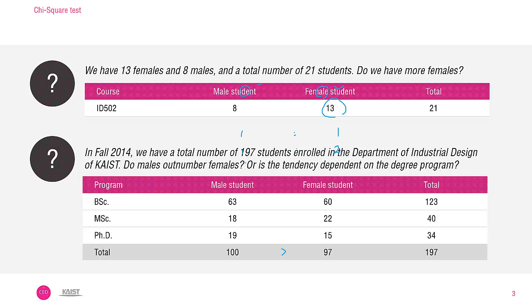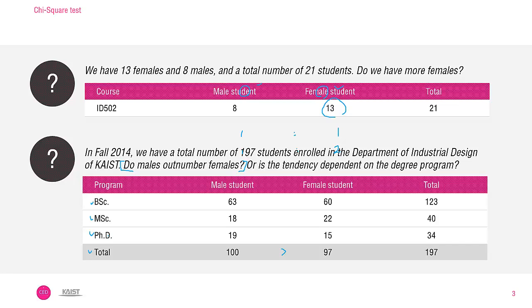Regarding the first question, we can perform 4 different small questions. The ratios of males and females within each group, within each program, and then the total.